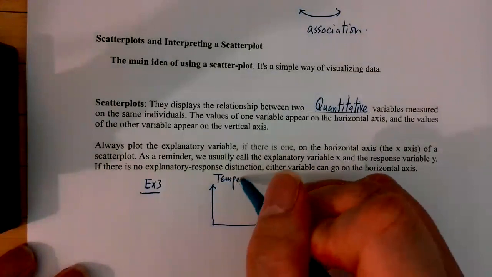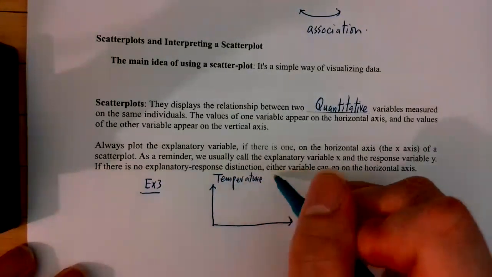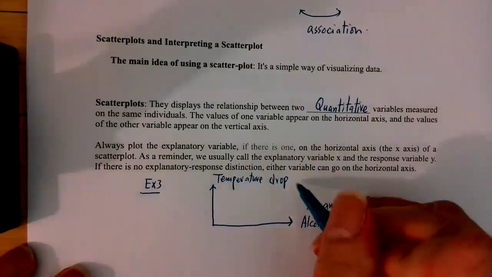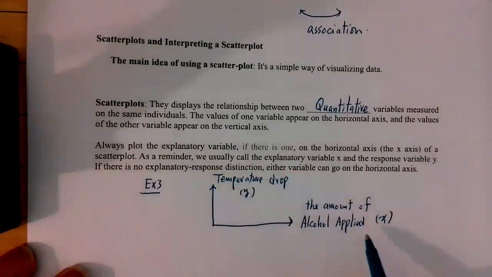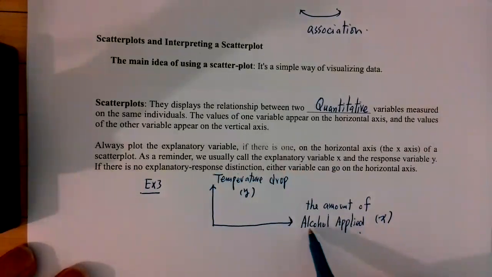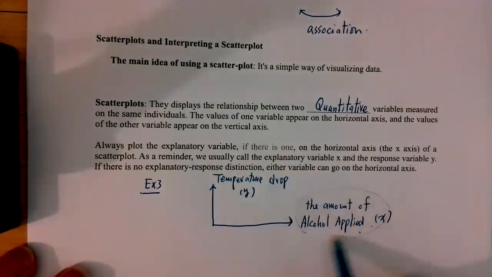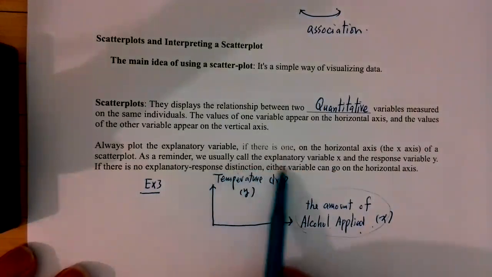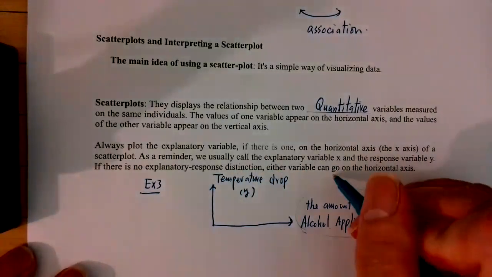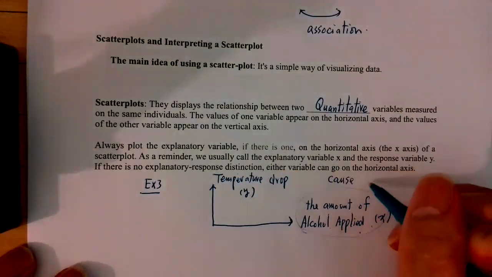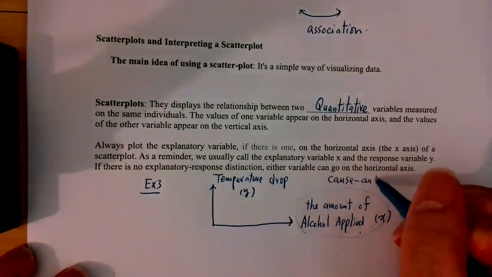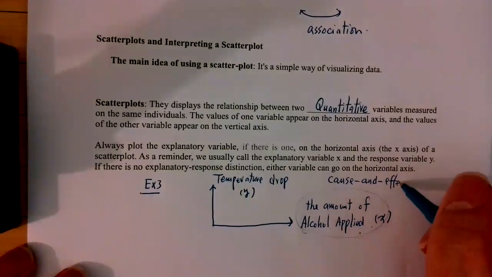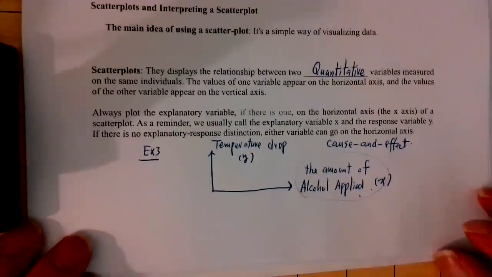Temperature dropped. Okay, this is Y. This is cause and this is effect. Okay, so the cause, the explanatory variable, we put on what? Horizontal axis. And response variable, we denote it by Y, and we place it on what? Vertical axis. Because there is a cause and effect relationship.